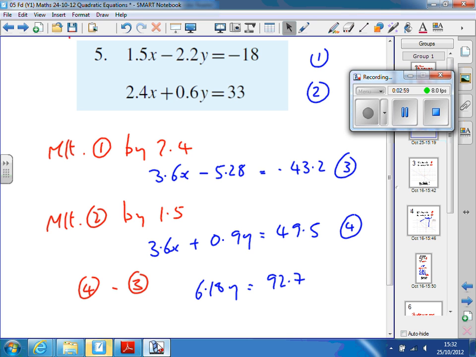And then I can work out y. And once I've got y, substitute in to 1 or 2 to get x, and then check in the other one. There should be a y there, of course. I forgot to put it in.